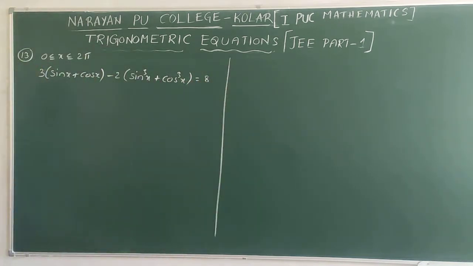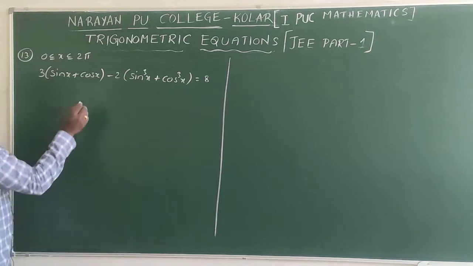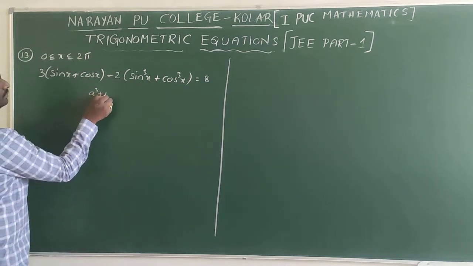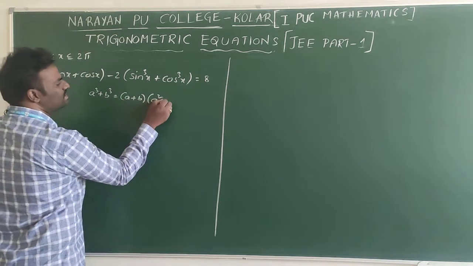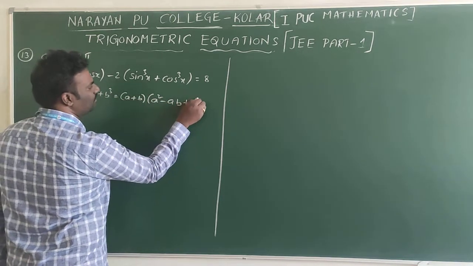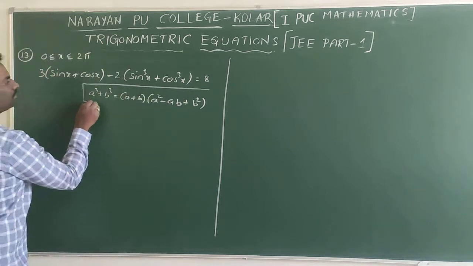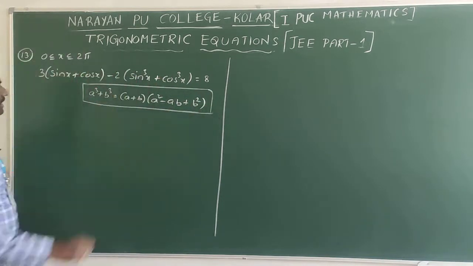Now this is in the form of a³ plus b³, which is (a plus b)(a² minus ab plus b²). Apply this formula for this.